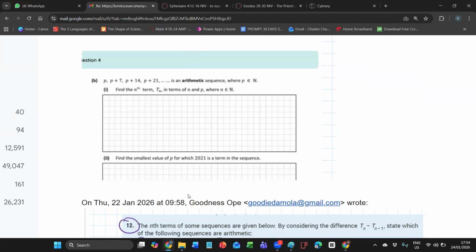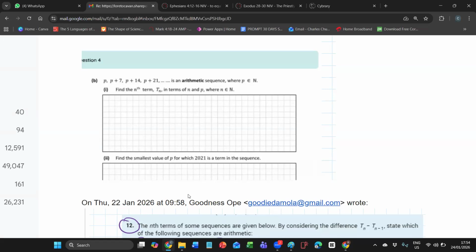So, this one looks like something we've done today, but not so much. It says if this is an arithmetic sequence, find the nth term in terms of n and p, where n is an element of natural numbers. Okay, so clearly, what can you say about the common difference from this one?